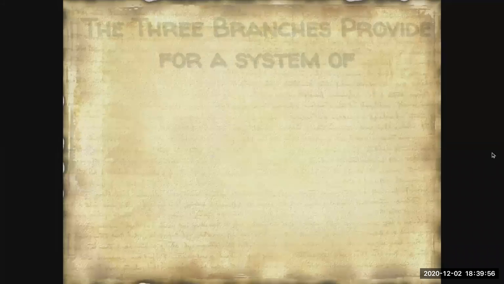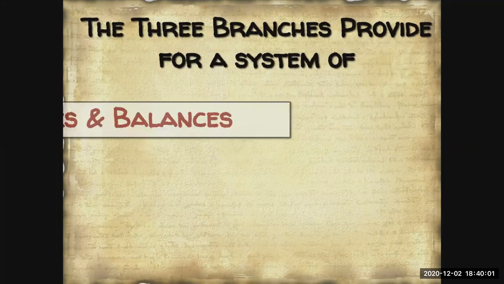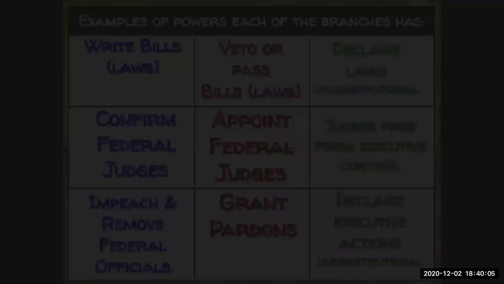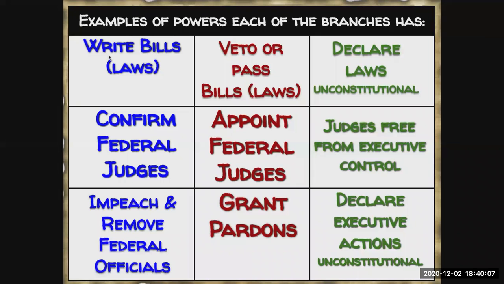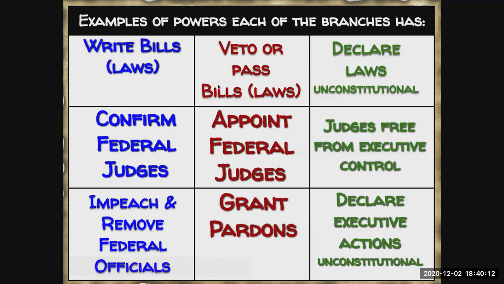All right. Now, the three branches of government provide for a system of checks and balances. So, as we just saw in our last slide, each of these branches has some degree of control over another branch, right?